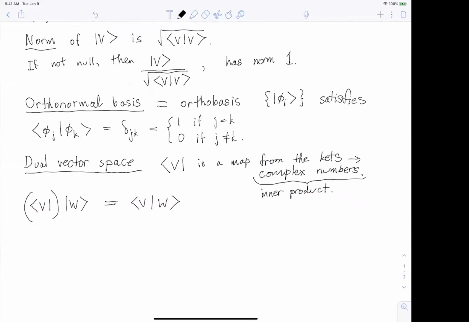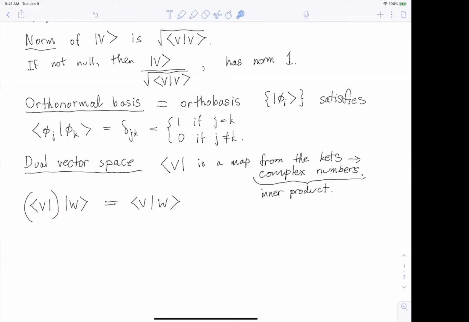And so if you think about it, that means that putting the parentheses here on the left was really kind of a waste of time, and so we just won't do it anymore. We will just write this when we mean that. They mean exactly the same thing anyway, and so that's just a waste of time to write the parentheses.